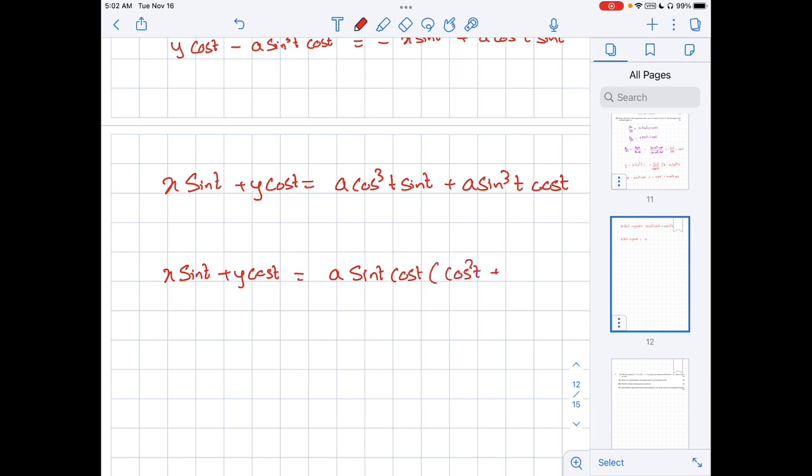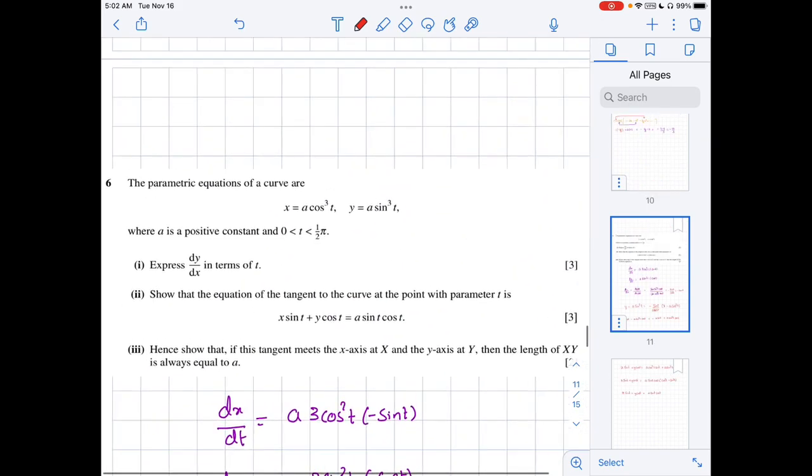It becomes cos square t plus sine square t. Cos square t plus sine square t is 1. So my final answer is x sine t plus y cos t is equal to a sine t cos t. This is going to be the answer.